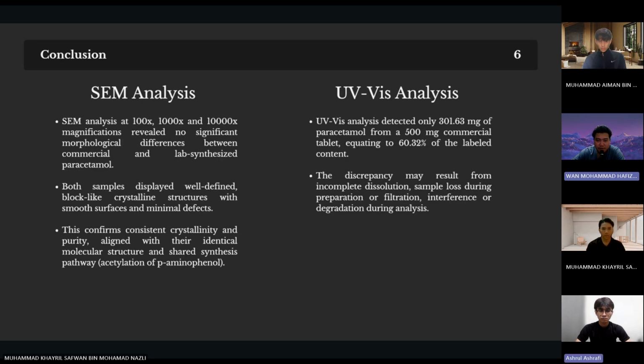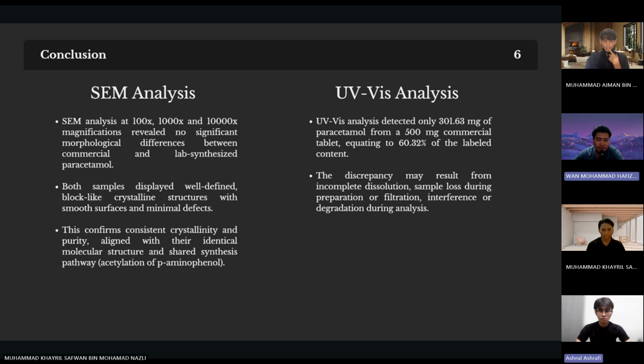Alright, so the conclusion that we can make from this is that SEM analysis at varied magnification showed no significant differences between pure and commercial paracetamol, confirming their identical molecular structure and synthesis route. Both samples have well-defined block-like crystals with smooth surfaces, indicating consistent stability and purity.